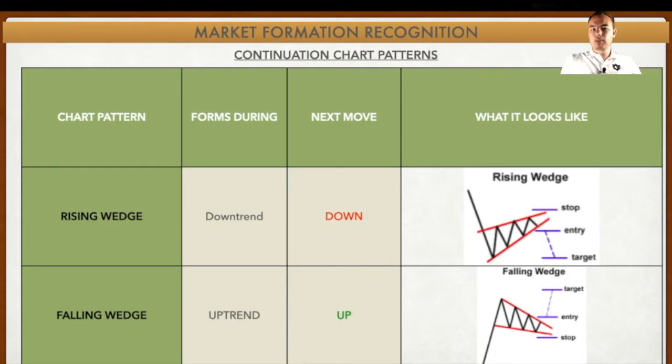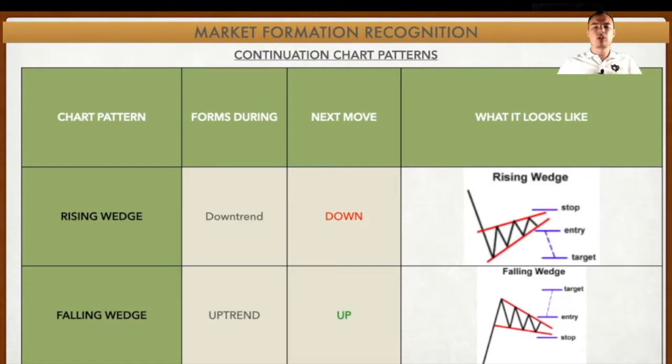So I gave the pattern name, where it forms, what direction it forms in, and then what's the next move, and then what it looks like. So, for example, the first one, rising wedge, that's the name. Okay, where does it form? It forms during a downtrend. Next move, it's going down because it's a continuation pattern. And then that's what it looks like.